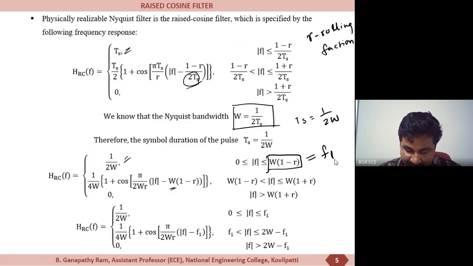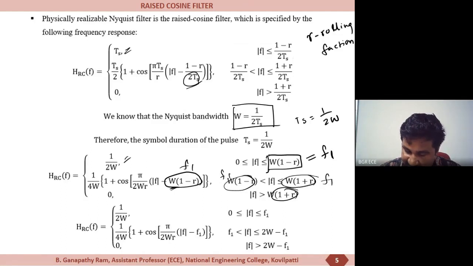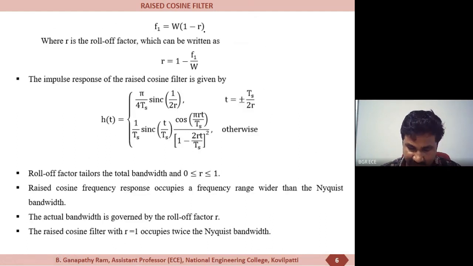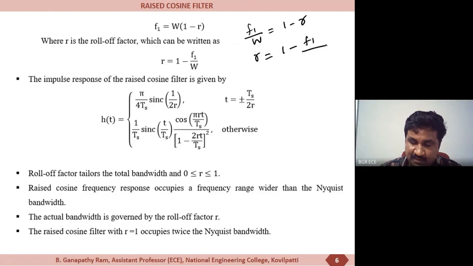We can simply replace this with F1 and write the expressions as below for simplicity of representation. So F1 is nothing but W into 1 minus R. Here R is the roll-off factor. From this we can write F1 by W is equal to 1 minus R, and R is equal to 1 minus F1 by W.